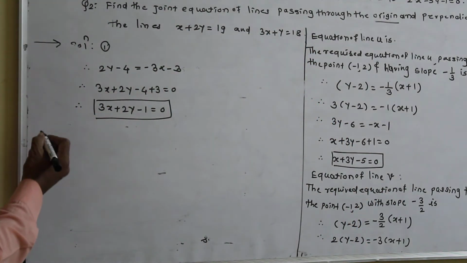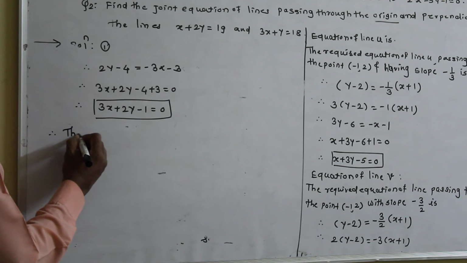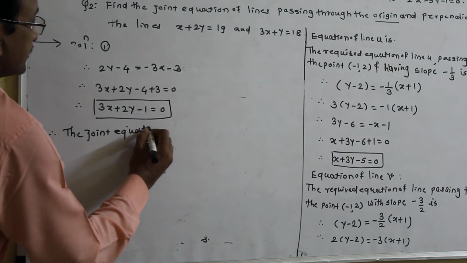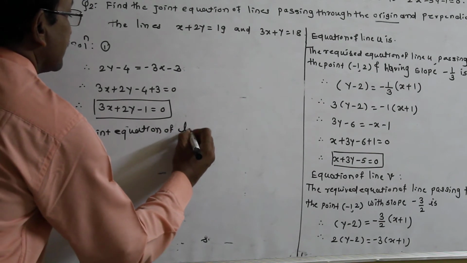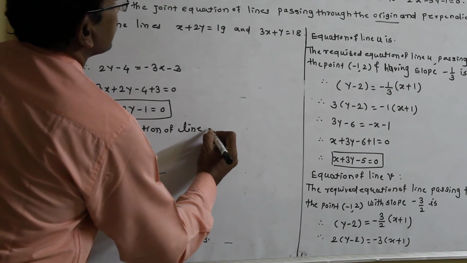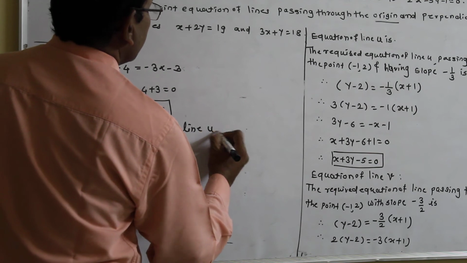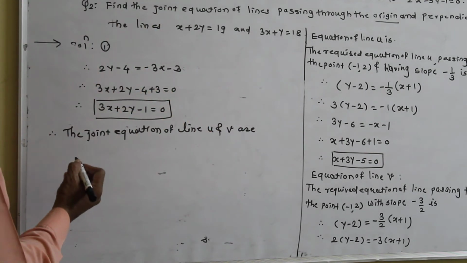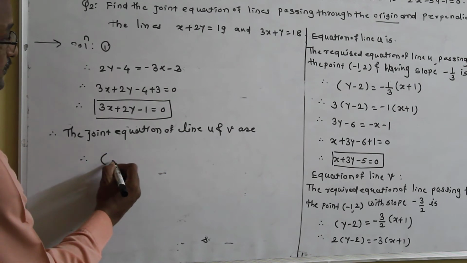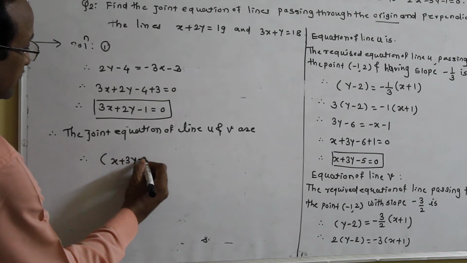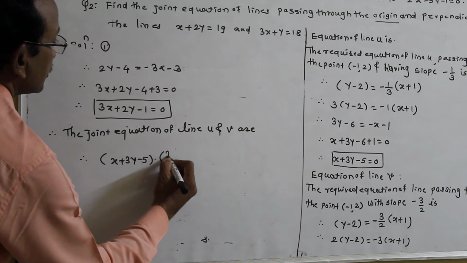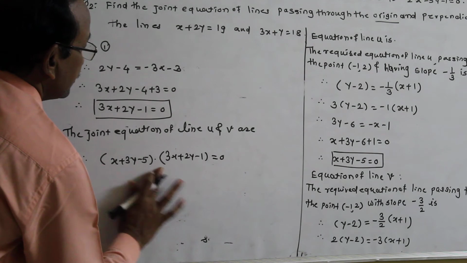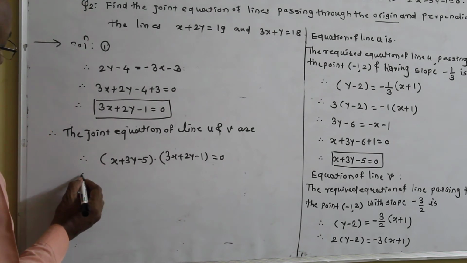Now find their joint equation. So therefore the joint equation of lines u and v: what is the joint equation of these lines? It is (x plus 3y minus 5) into (3x plus 2y minus 1), which is equal to 0. Then open the bracket.